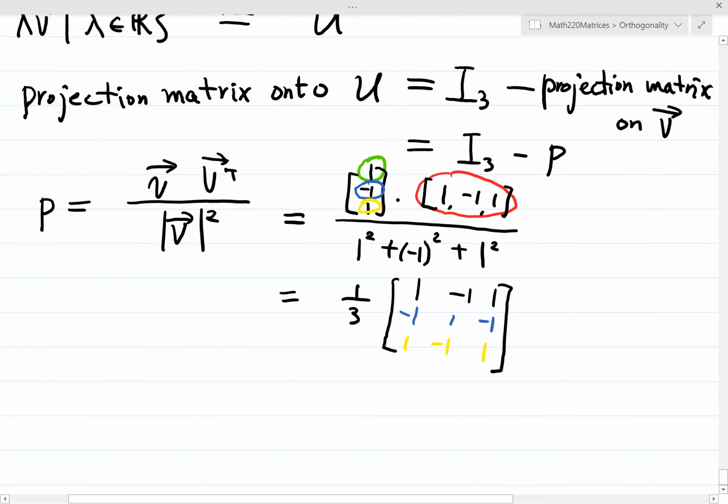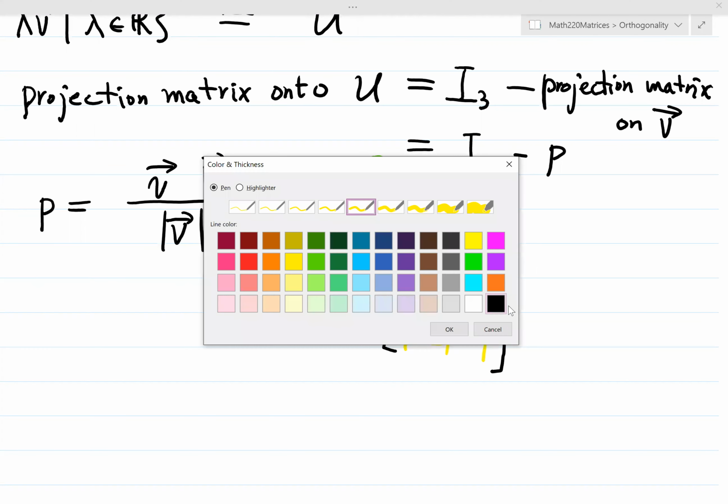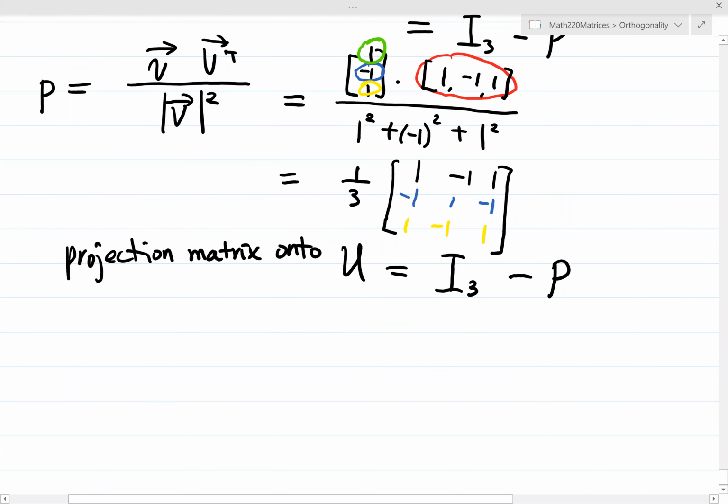Now to recover the projection onto U, we subtract. The projection matrix for the projection onto the orthogonal complement of U is the identity matrix I3 minus P. So you get the identity, and all the others are zeros.